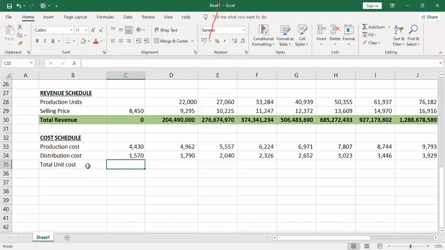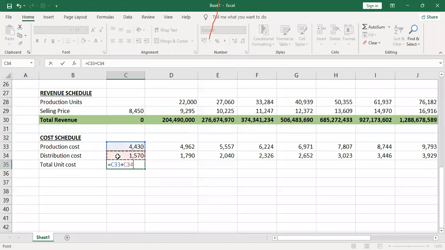So how do you get the total unit cost? The total unit cost will be equal to the production cost plus the distribution cost.